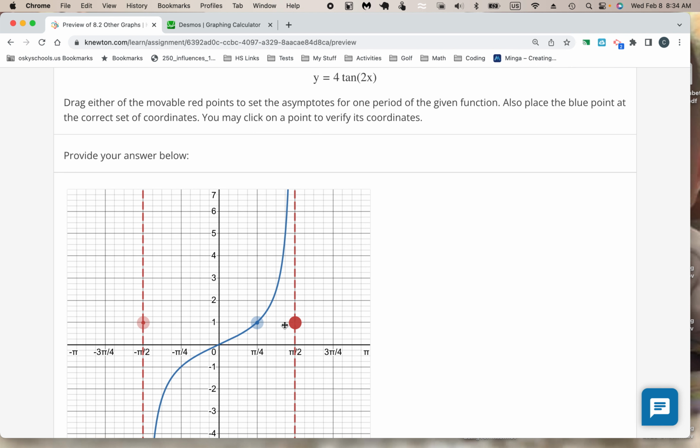We want to shrink that down to pi over 2. So if I go from negative pi over 4 to pi over 4, I have pi over 2 for my period now. My amplitude is supposed to be 4. Right now it's at 1. I want to extend that all the way up to 4. And then I've now graphed this equation correctly.